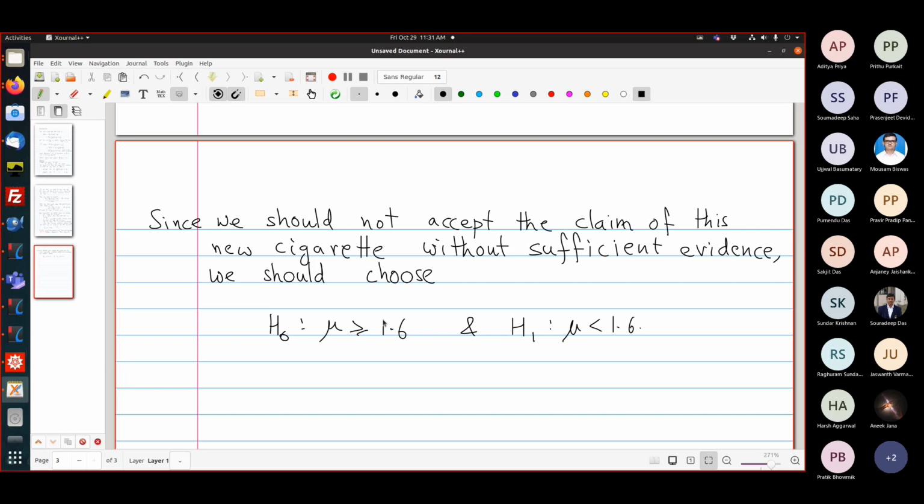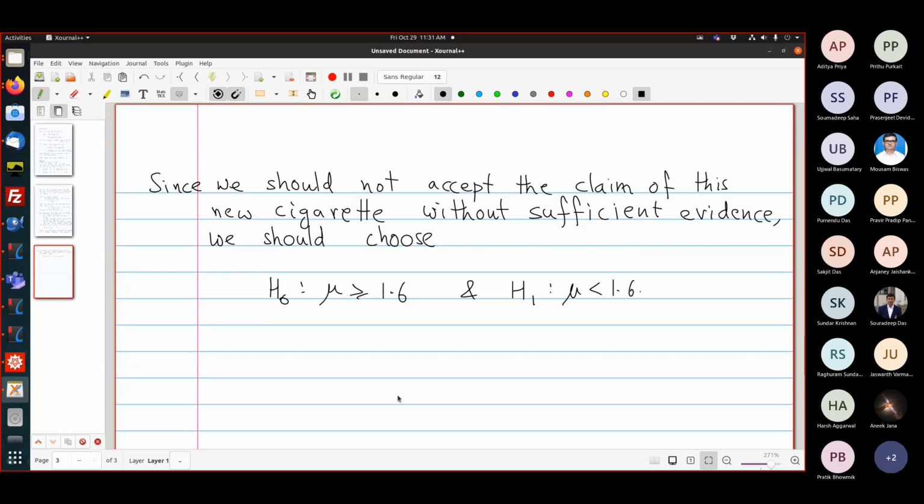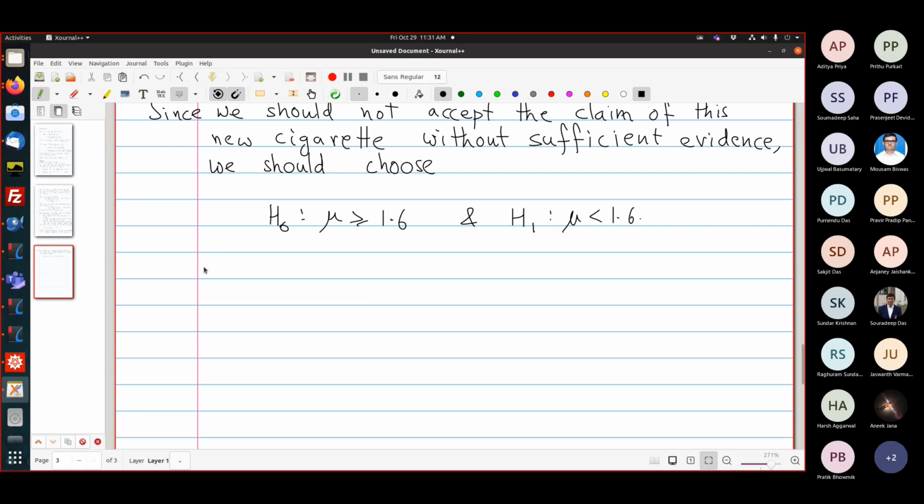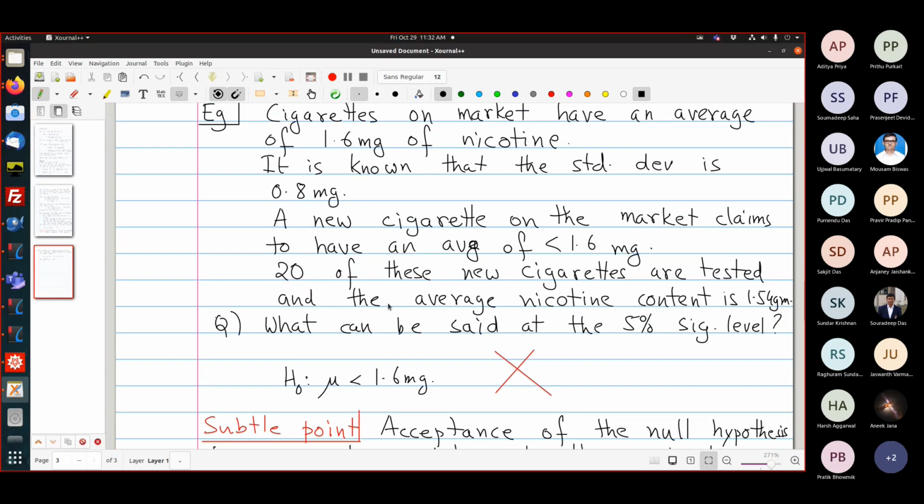Right? So okay, let's do the calculation now with this assumption. So now square root of n by sigma times x bar minus mu is what? N is 20. Remind you again, we took 20 cigarettes.